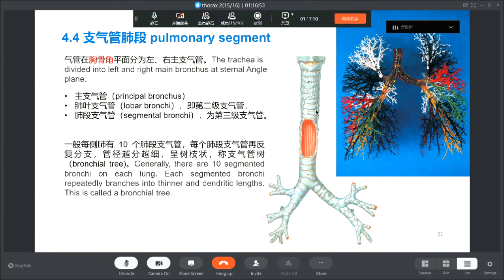This part is the principal bronchi, and then these are the right and left lobar bronchi, and this part shows the segmental bronchi. Generally, there are 10 segmental bronchi on each side.